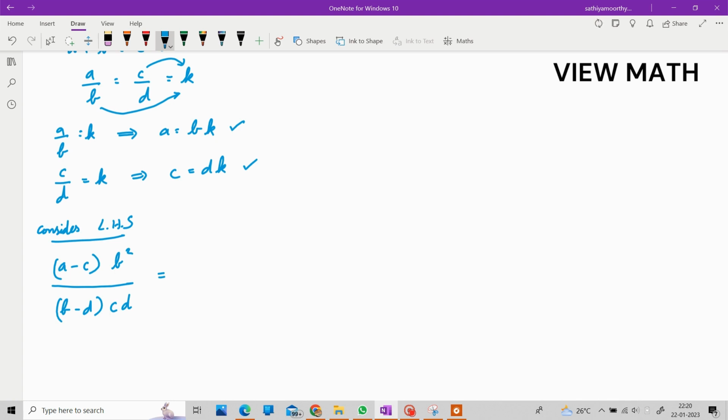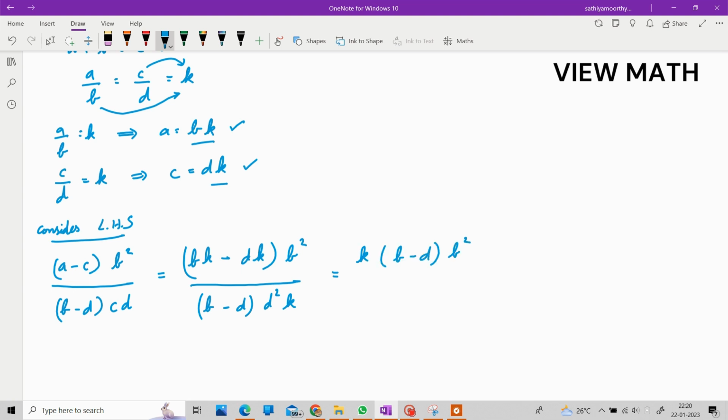A value is BK minus C value is DK into B square divided by B minus D into C value is DK, so already one D is there, so it becomes D square K. So this is equal to, I can see in the numerator K term is common, I am going to bring it outside, K (B minus D) B square by (B minus D) D square K.